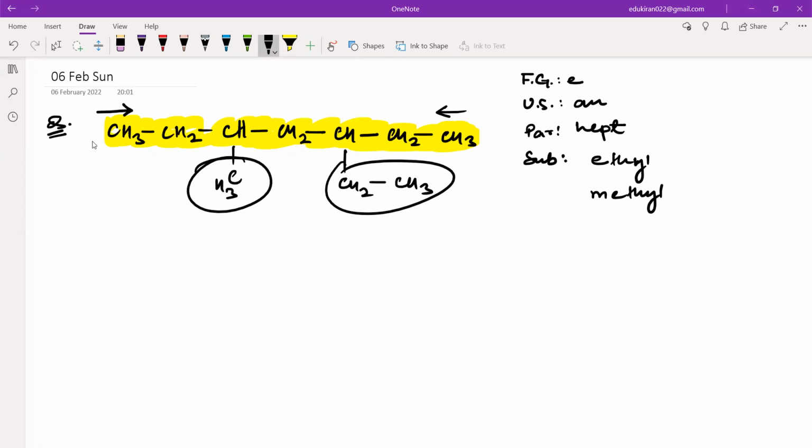Even with a double bond and triple bond, it is written ene because e is alphabetically before y. That is why when a compound has both, we write it as ENE in the unsaturation rather than YNE. So we'll start from here according to alphabetical order.